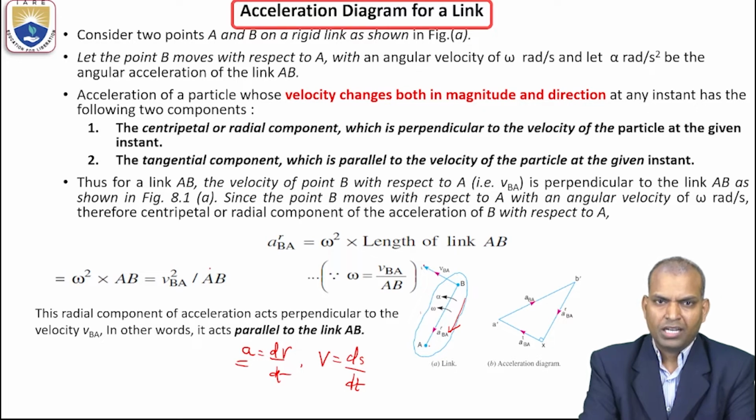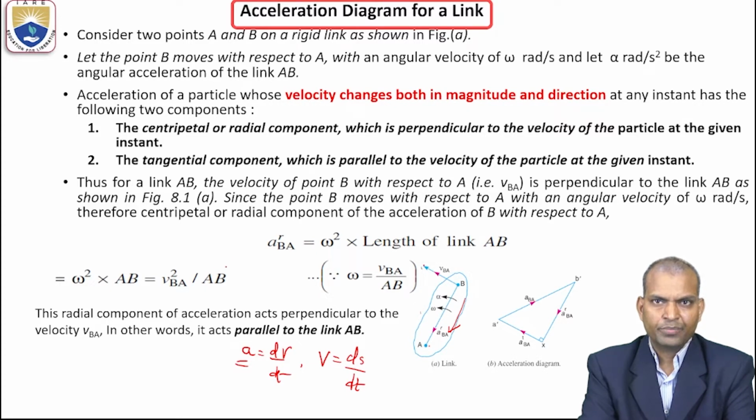What are the components? Number 1, the centripetal or radial component, which is perpendicular to the velocity of the particle at the given instant.